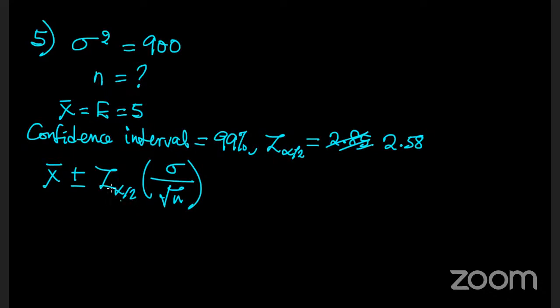How do you make n the subject from here? We want to make n the subject. Remember, we said this is less than or equal to our mean, right?